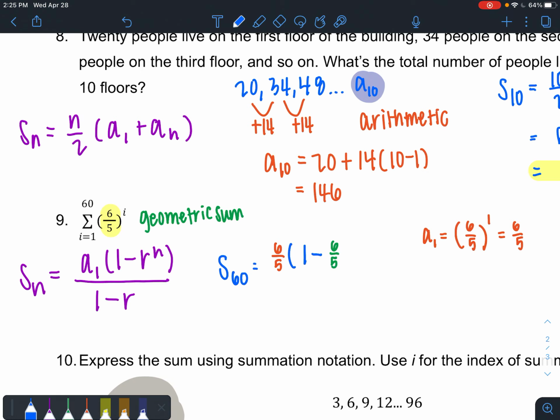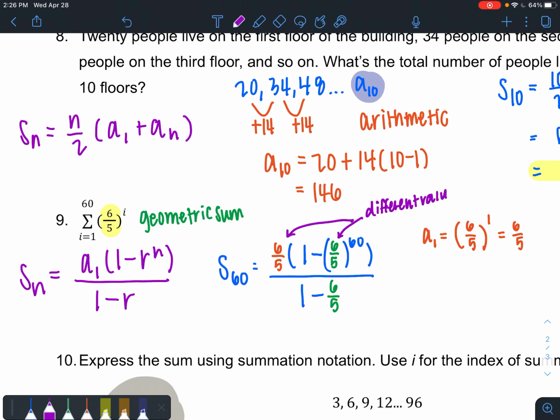Those are different numbers there. To the n, which is 60, over 1 minus r. Okay, these two numbers are different. They end up the same, but they're coming from different places.